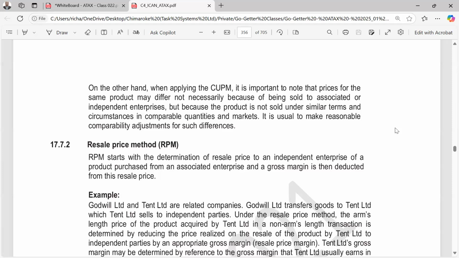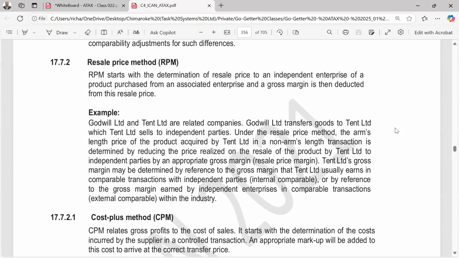Let's see an example. God's Will Limited and Tent Limited are related companies. Now, God's Will Limited transfers goods to Tent Limited. That's a related party transaction, and it's likely to be a controlled transaction. And now Tent Limited sells these transferred goods to unrelated parties.